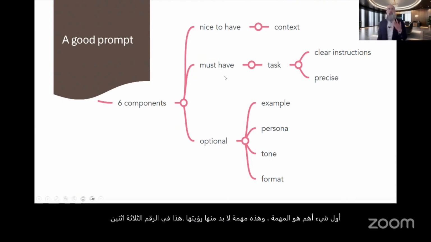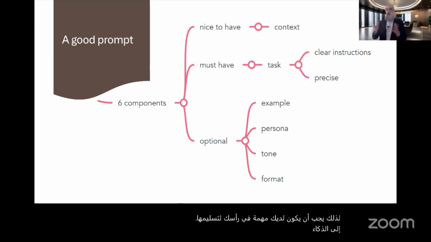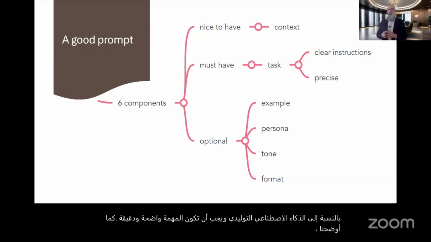So you must have a task in your head to deliver to the generative AI, and the task should be clear and precise, as we explained just a few moments ago. A task that is generic and not clear will give you a generic answer, out of focus.